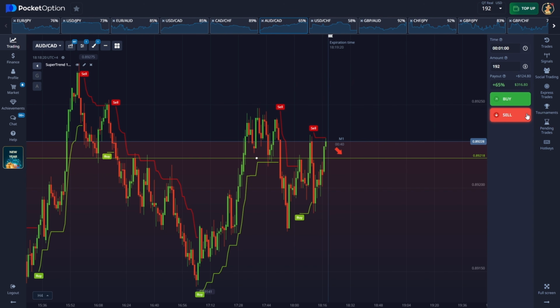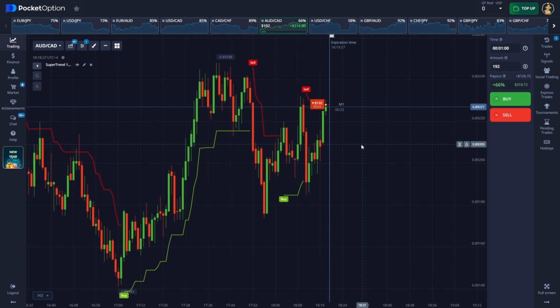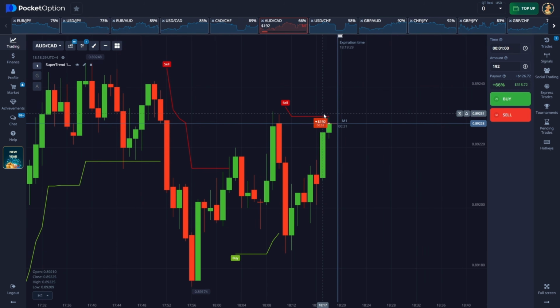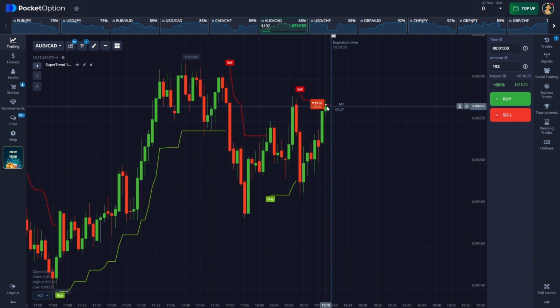We have a signal for a downside move, and I placed a trade for the downside move worth $192. As you can see, I got an entry near the sell level, and there's also a sell signal. That's why I took this trade.